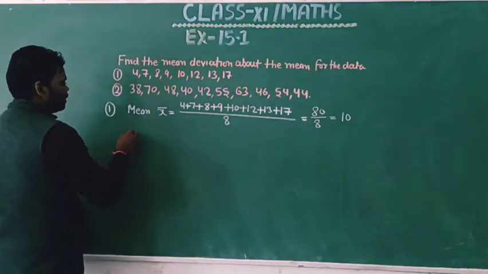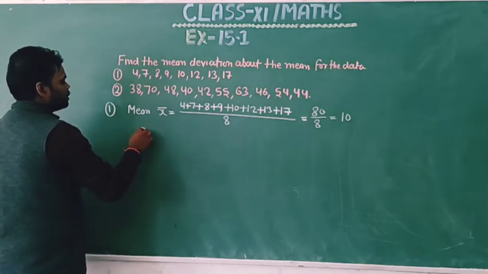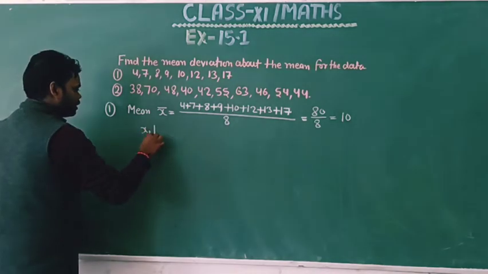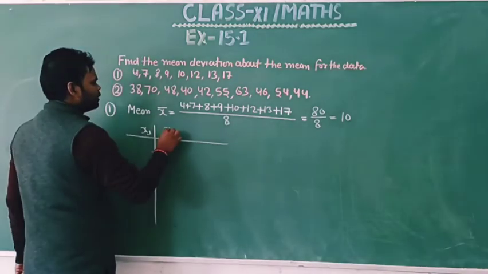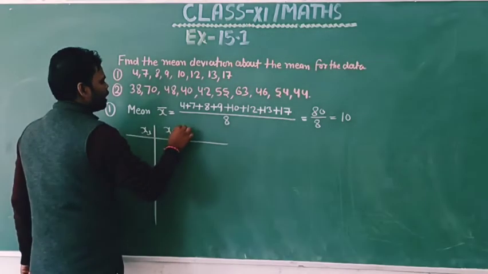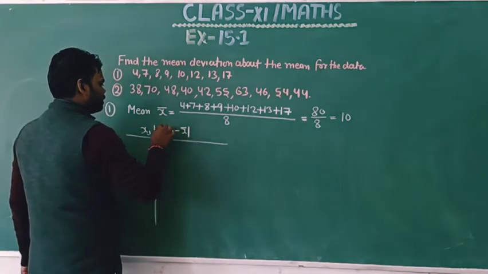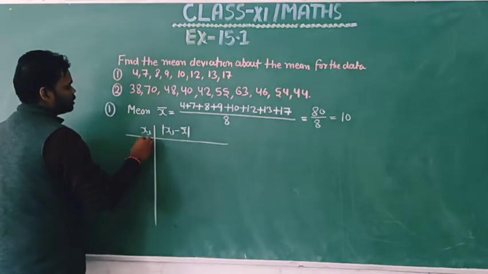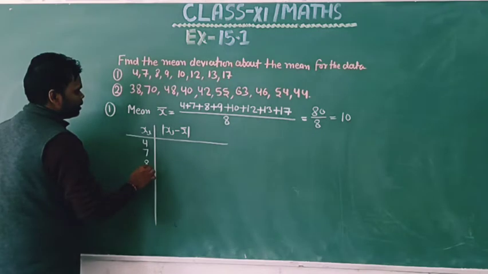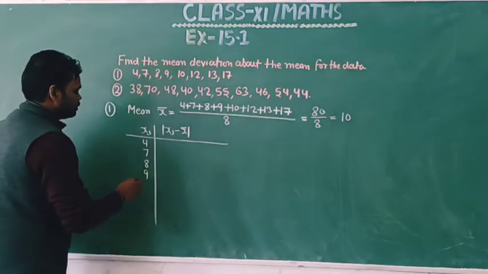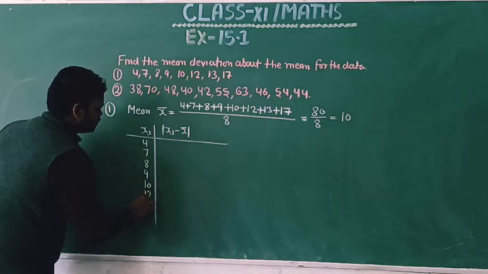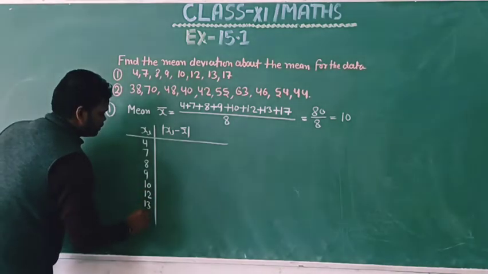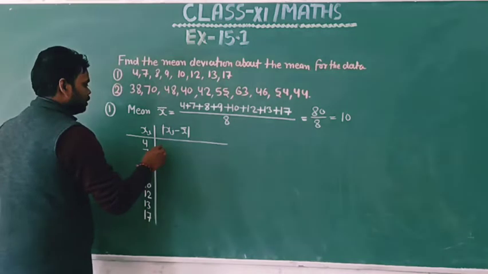Now make a table for the mean deviation. The first column is xi and the second is mod xi minus x bar. The values are 4, 7, 8, 9, 10, 12, 13, 17.